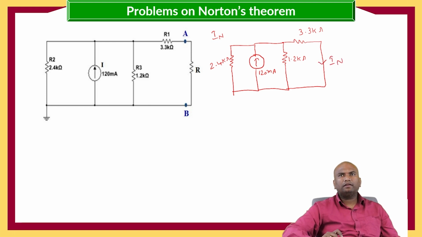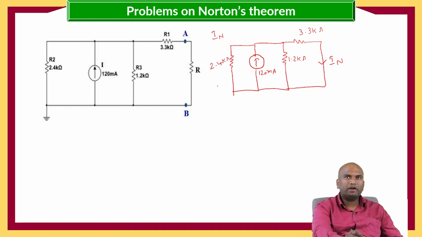Now we need to calculate the current flowing through the 3.3 kilo ohms, which is nothing but our Norton's current. So for calculating the current flowing through 3.3 kilo ohms, now I am reducing the circuit into a smaller one by using the equivalent resistance concept.